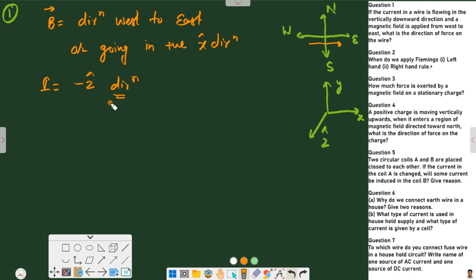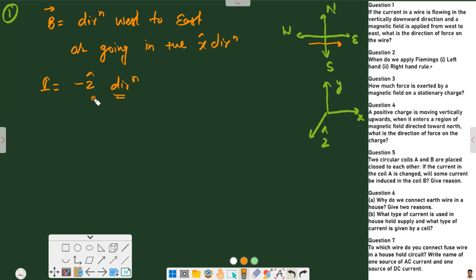If east to west is the x direction, then north to south is the y direction, and your pen, hanging freely, is perpendicular to both of them, so it is in the z direction. And as the current is going downward, it is in the minus z direction.